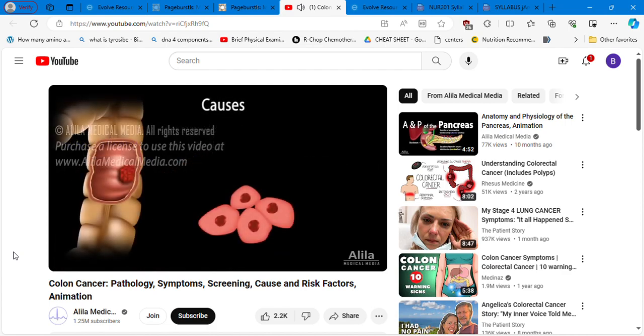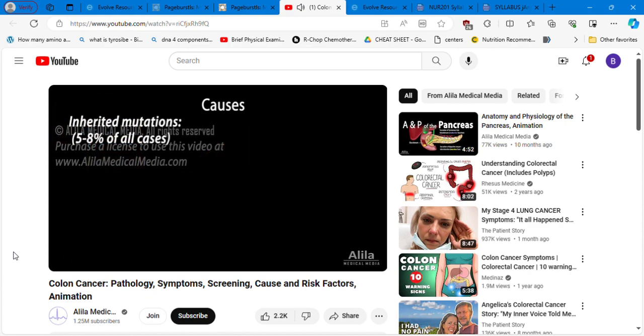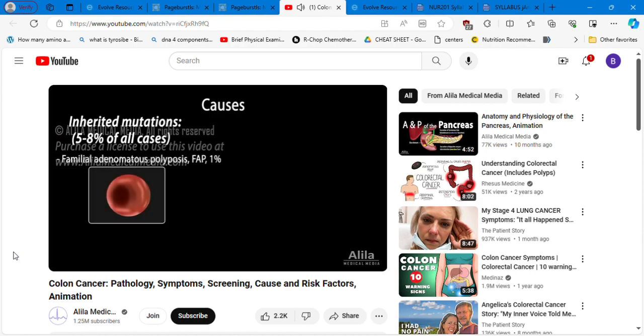Colorectal cancers are caused by mutations that increase the rate of cellular division. Some of these mutations can be inherited from parents. Examples of inherited colorectal cancers include familial adenomatous polyposis, or FAP, a condition caused by mutations in the APC gene. The APC protein acts as a tumor suppressor, keeping cells from growing and dividing too fast.